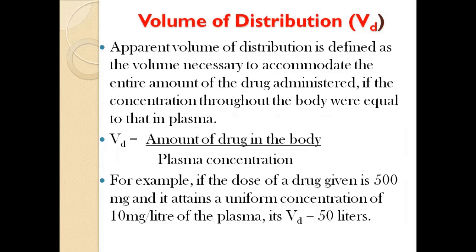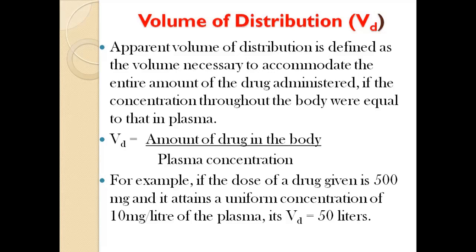Okay, so what is it? It is the volume necessary to accommodate the entire amount of drug administered if the concentration throughout the body were equal to that in plasma. Therefore, Vd is equal to the amount of drug in the body divided by the plasma concentration.